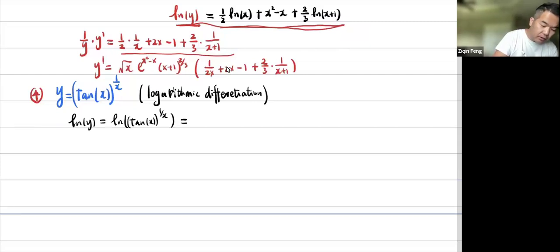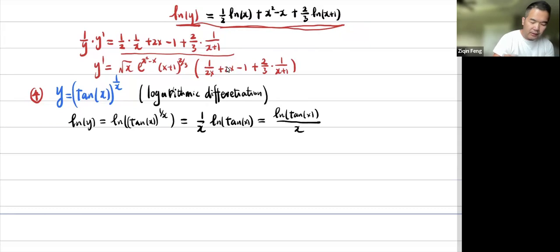So this is equal to 1 over x times natural log of tangent of x, and this is a quotient, which is natural log of tangent of x over x, right? So now let's try to differentiate both sides of this equation.